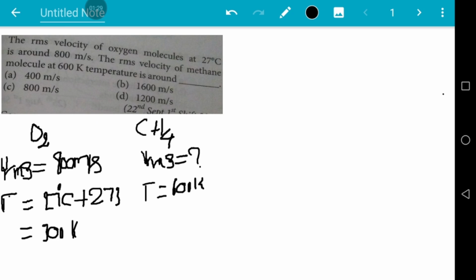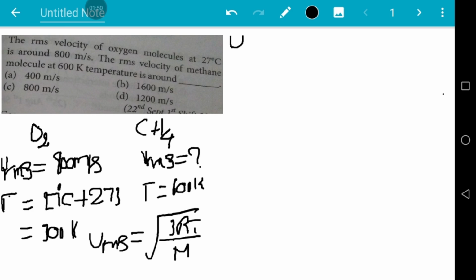Now the URMS formula we already know: URMS equal to root over 3RT by M. Here 3 is a constant and R is also a constant, so leave it. So URMS is directly proportional to root over temperature by molecular mass.